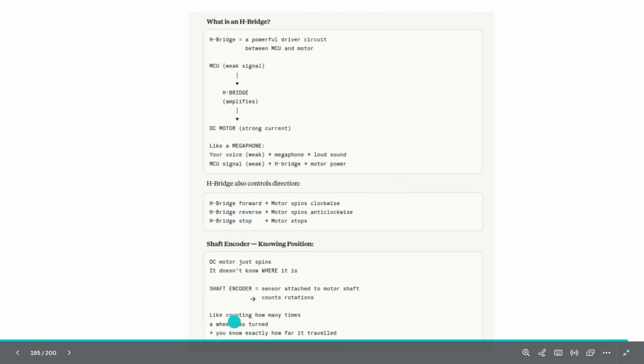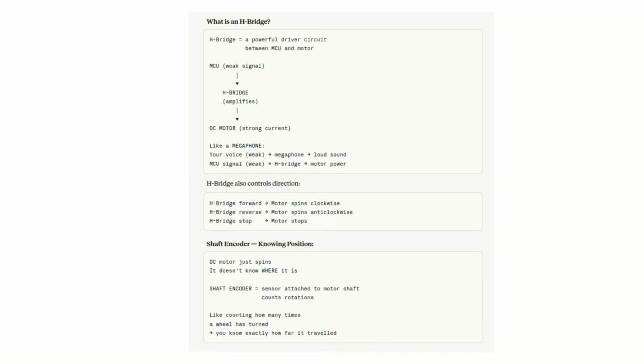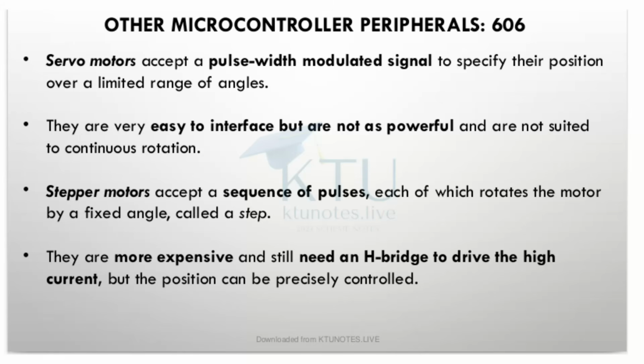So to count the number of rotations the motor has made, there is a shaft encoder, a sensor placed on the motor's shaft.